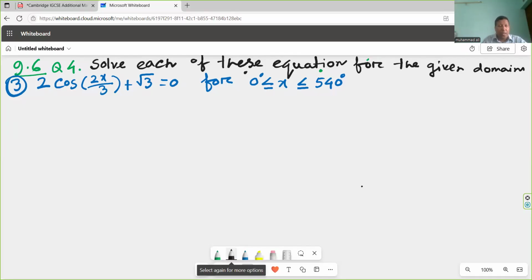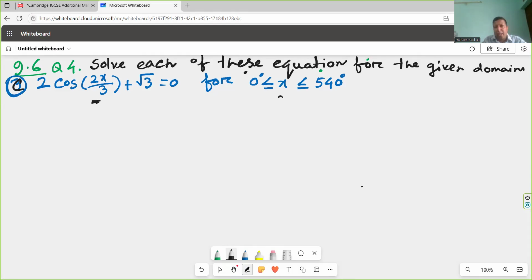Question number 4, C. This is C. 2 cos bracket 2x by 3 bracket close plus root 3 equals 0 for x greater than or equal to 0 degrees, less than or equal to 540 degrees. So our first duty, we have to rearrange this domain. Here 2x by 3.